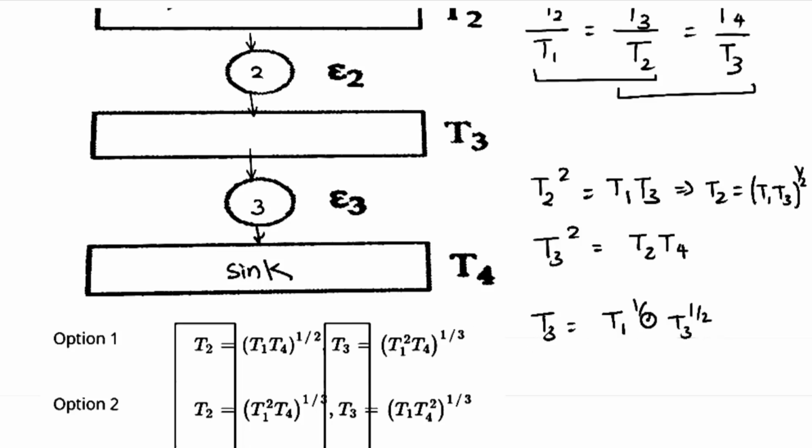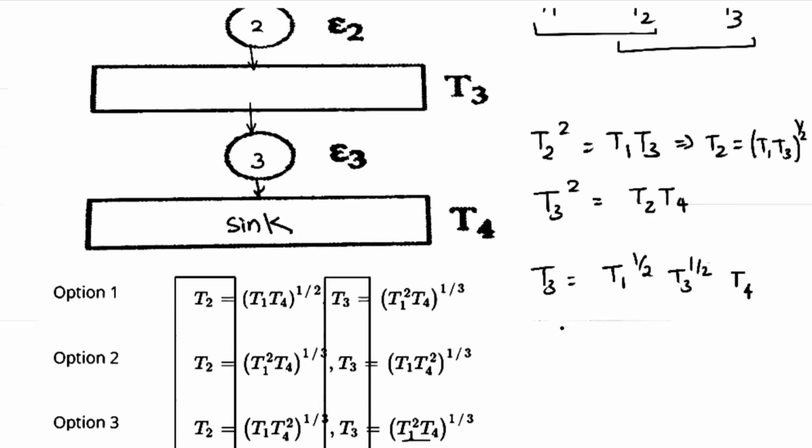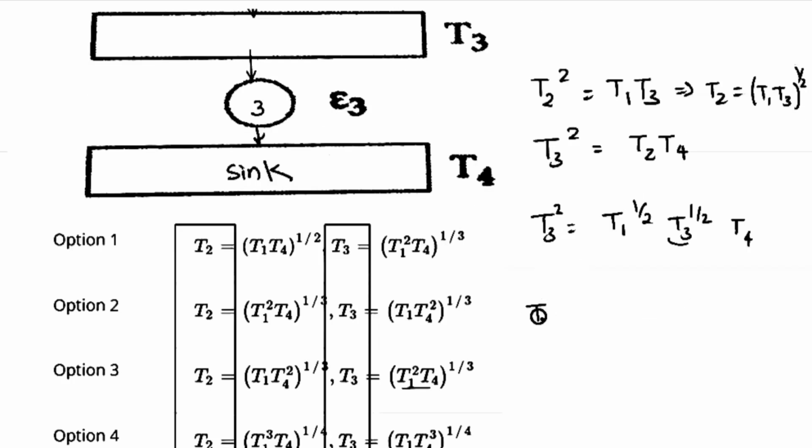So I will write down, it will be equal to this. Here it will be T4. So I put the value of T2 and you can just take this. From here we can write T3 to the power 2 minus half. So 2 minus half is 3 by 2. It will be equal to T1 to the power half times T4.